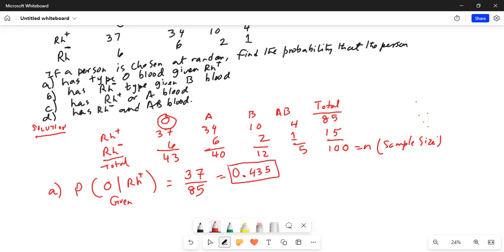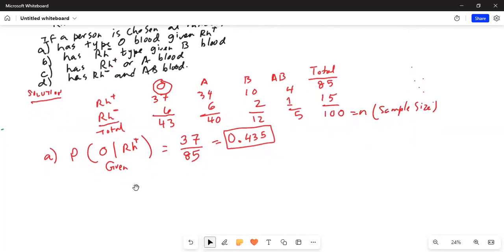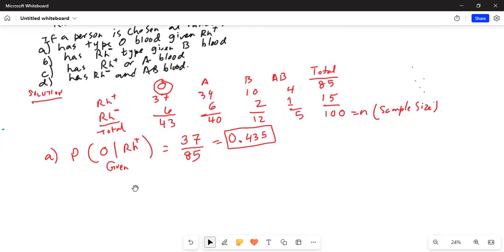Okay. Now let's select another ink for part B. So part B. What is the probability that the person has Rh minus given B blood? So B blood happened first.